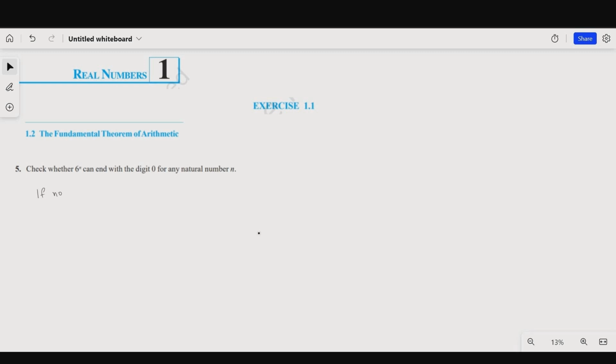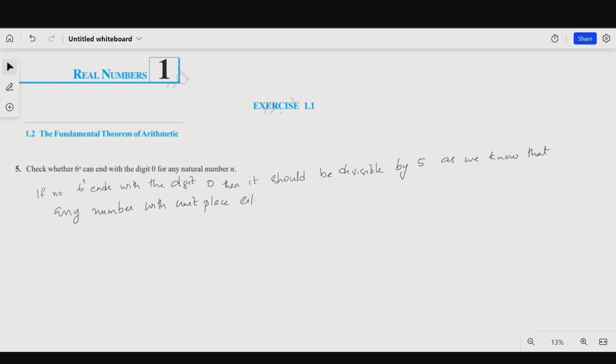If number 6 raised to n ends with the digit 0, then it should be divisible by 5, as we know that any number with unit place either 0 or 5 is divisible by 5.